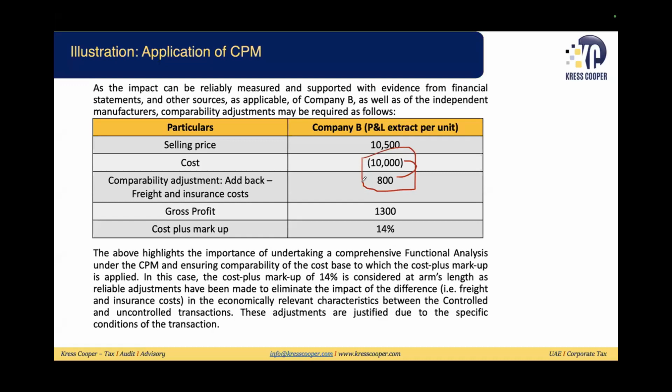Our margin is 14%. We can say this is a fair value, arm's length price. This is not a compromised price. So functional analysis is very important to understand why the price is being charged. For the functional analysis, we need to look at three things, as I mentioned: same functions, same assets, and similar risk.